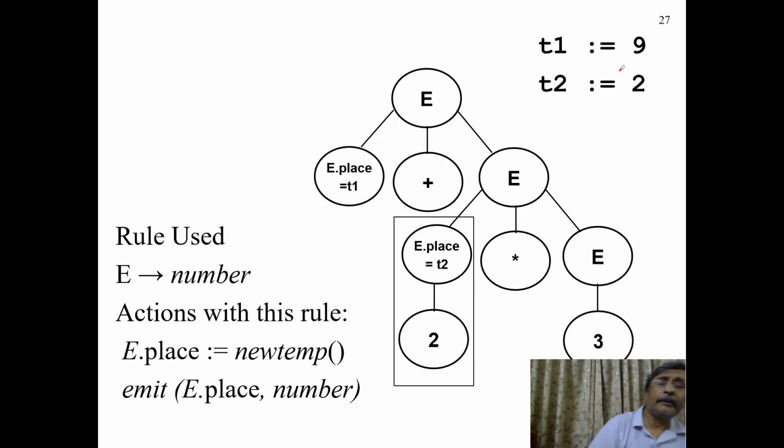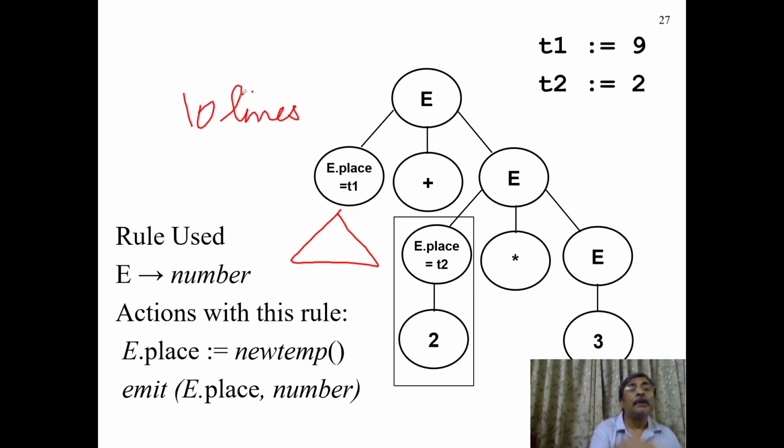To understand that, maybe there is a huge parse tree under this E.place, and you have written probably 10 lines of code for this particular parse tree. Fine, you may do that. But where is the result stored? The result is stored in T1.